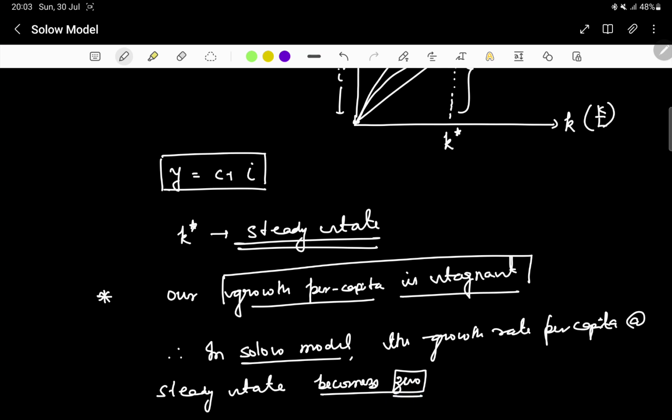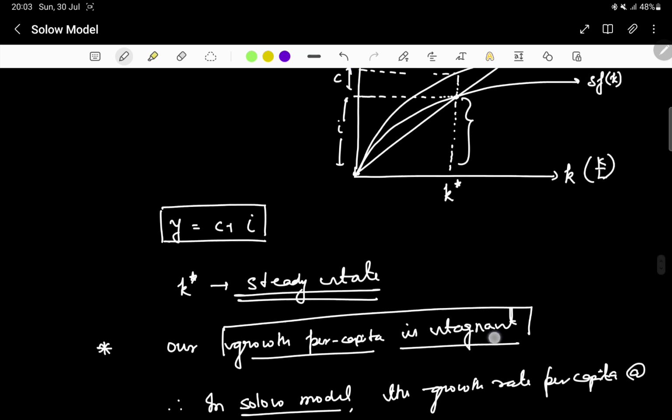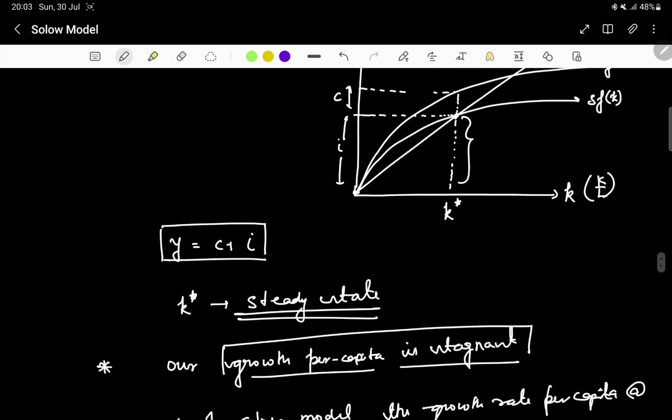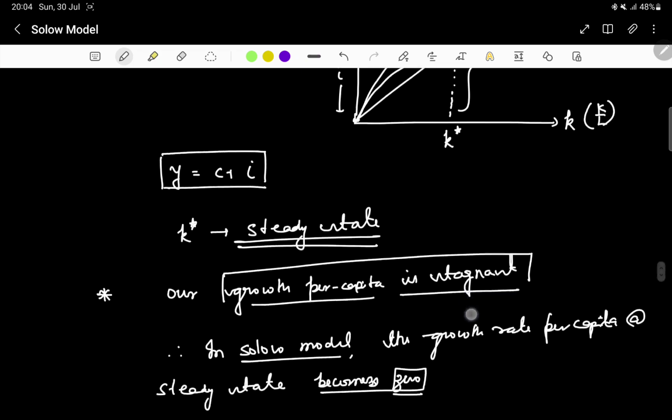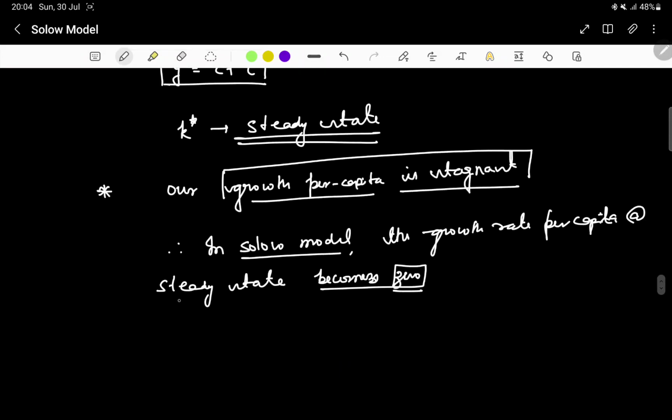Growth rate becomes 0 because there is no growth at this particular point, and our economy gets up to this rate. So this is how Solow in his model tried to explain the growth.